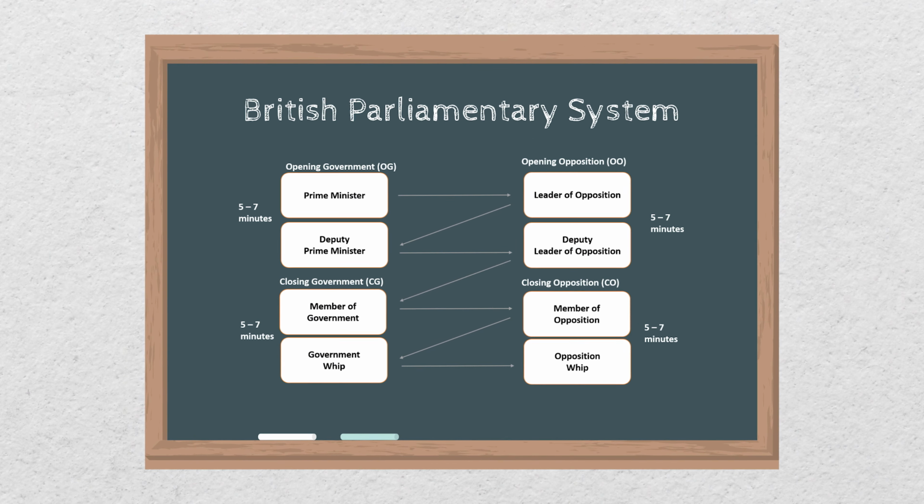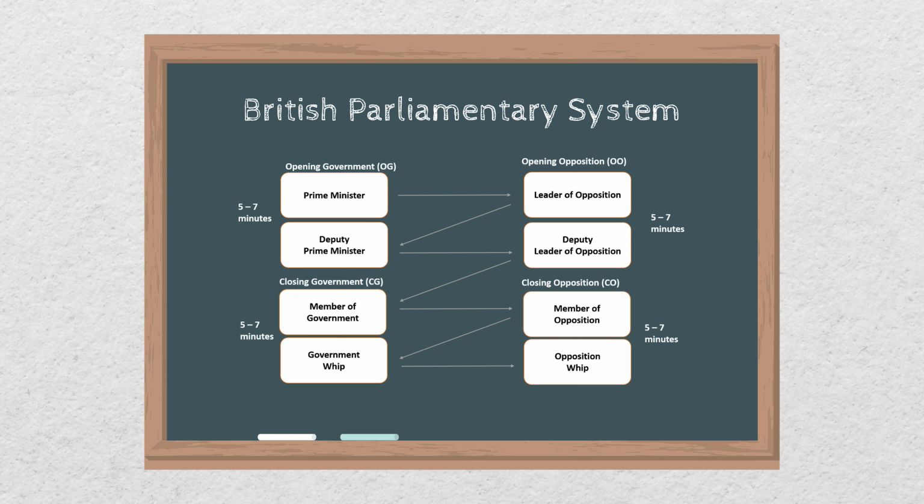Okay, so when we talk about academic debating, actually there are a lot of styles. So we can have the British parliamentary style, like you can see on the screen. In the British parliamentary style, there are 4 teams in one chamber, consisting of 2 government teams and 2 opposition teams.